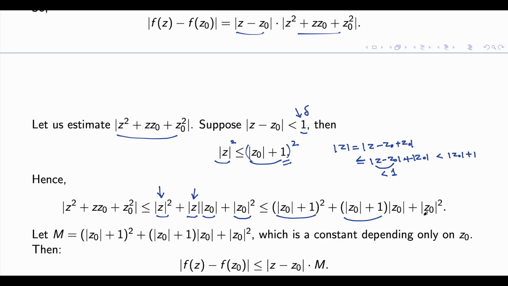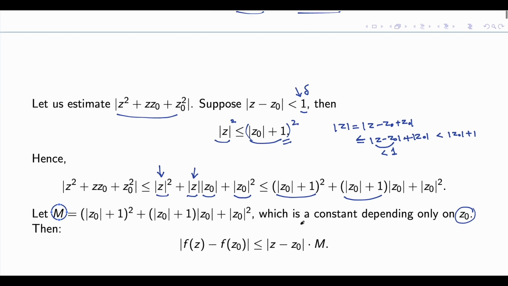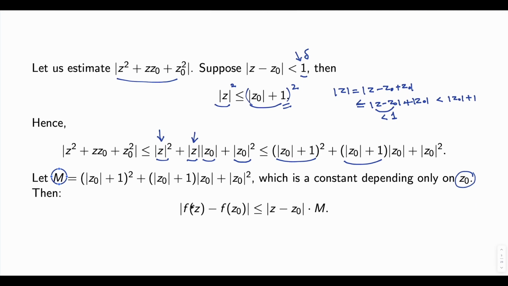So this term is a constant depending on your z₀. We can set that constant as M, and then in that case we can see |f(z) - f(z₀)| is less than or equal to |z - z₀| times M, which is less than epsilon, right?